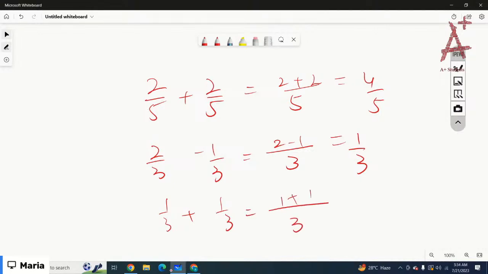Simply add their numerators. 1 plus 1 is 2, so it is 2 over 3. So the correct option is 2 over 3.